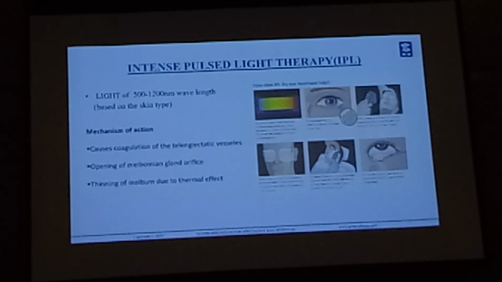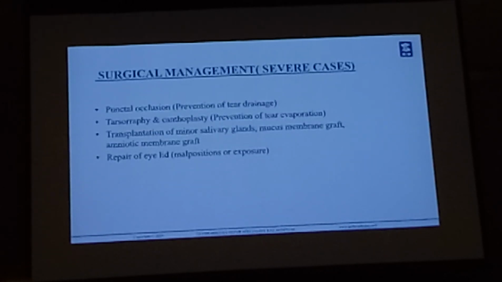This basically uses a xenon lamp, and the mechanism of action is that it causes coagulation of the telangiectatic vessels, opens up the meibomian gland orifices, and there is also thinning of the meibum because of the thermal effect. And even with this, you have to wait for at least 2 months, 2 to 3 sittings, before the tear layer normalizes.